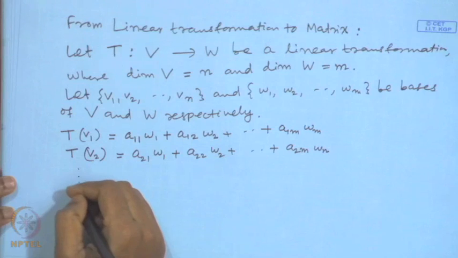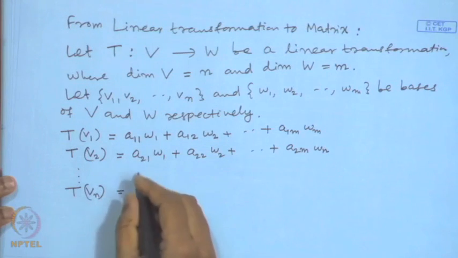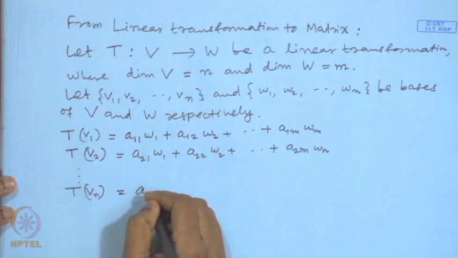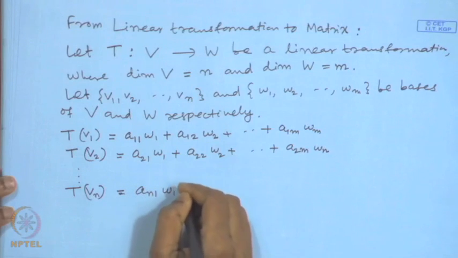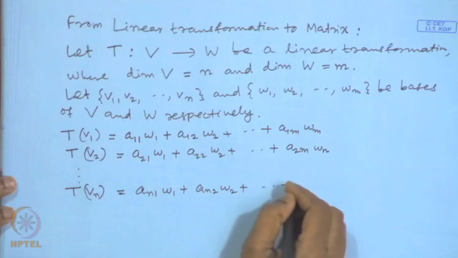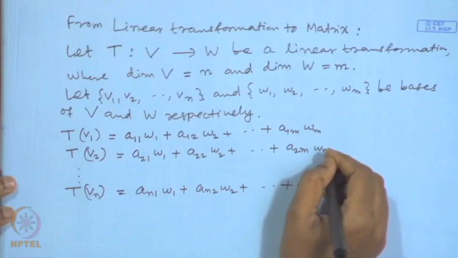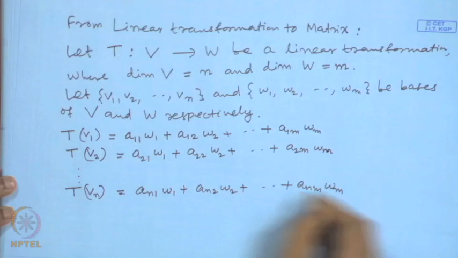Like this, T of Vn, the image of Vn, is equal to An1 W1 plus An2 W2 plus ... Anm Wm.